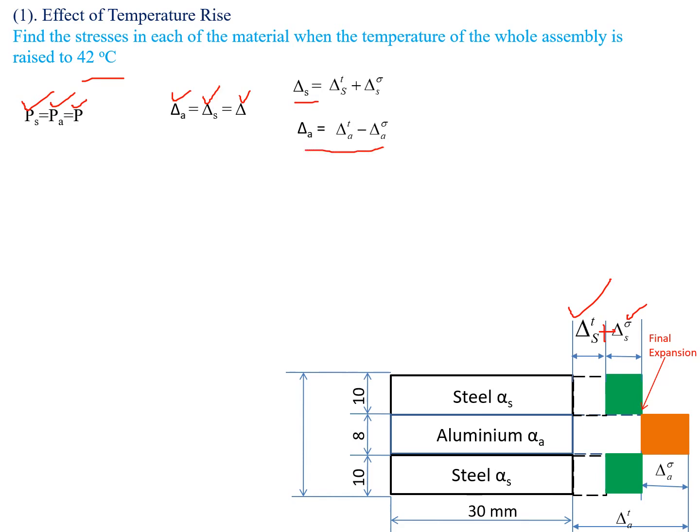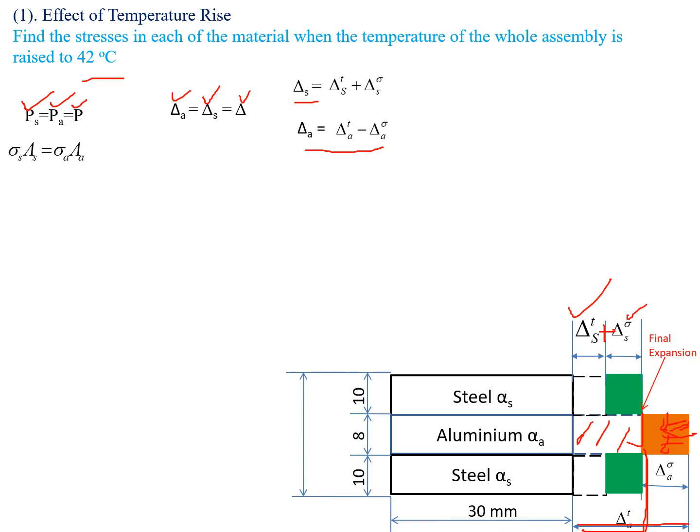Similarly, for delta A, the final expansion, we write delta AT minus delta A sigma, which means thermal expansion of the aluminium due to the temperature change minus delta A sigma, the contraction of the aluminium bar due to the compressive stresses.